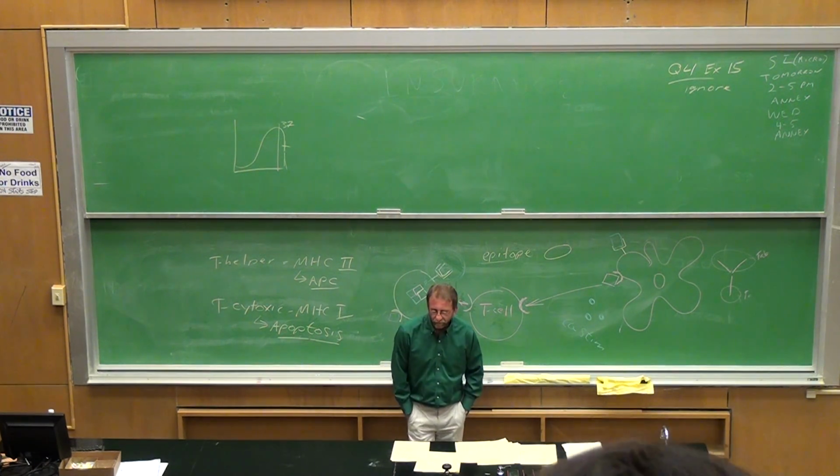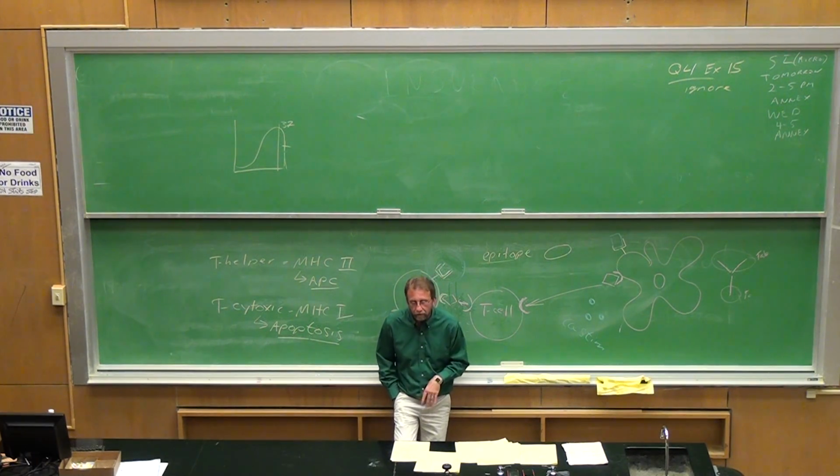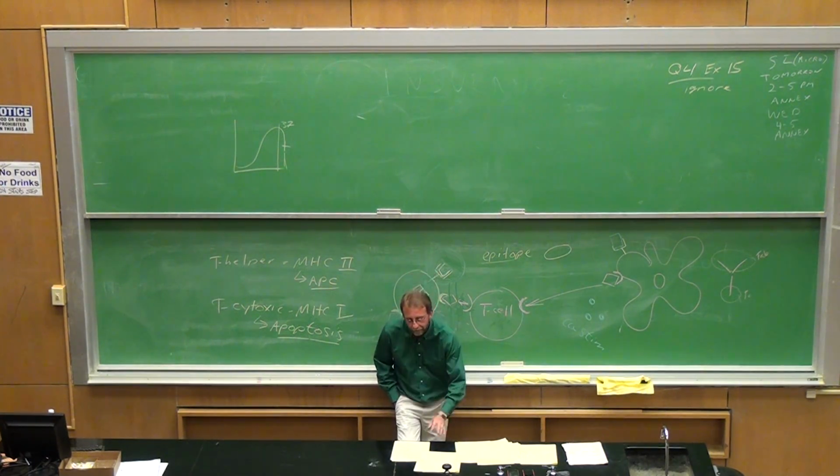We talked about several different methods that the microbes use to avoid host defenses. So be sure that you're familiar with those different mechanisms. Antigenic variation, something I've thrown up a couple times. Be sure you understand what that is.